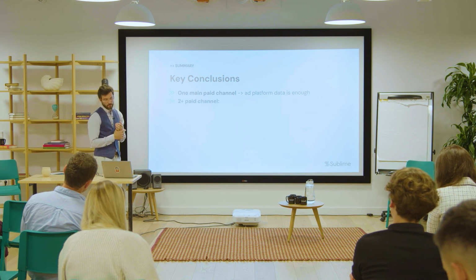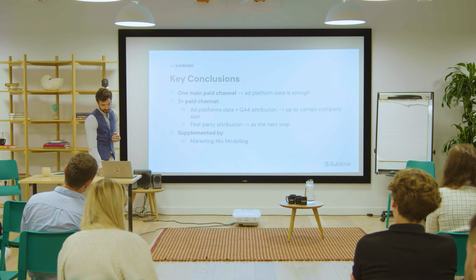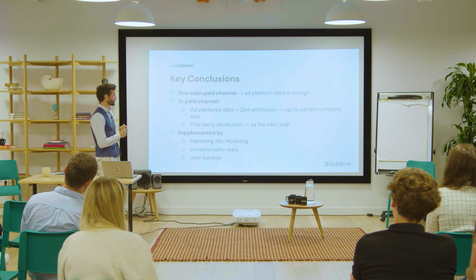If you have two or more paid channels, you can start with ad platforms plus GA4 attribution, and it should be good up to a certain company size. After that, we recommend moving to first-party attribution as the next step. And you can supplement that with marketing mix modeling, incrementality tests, and user surveys.